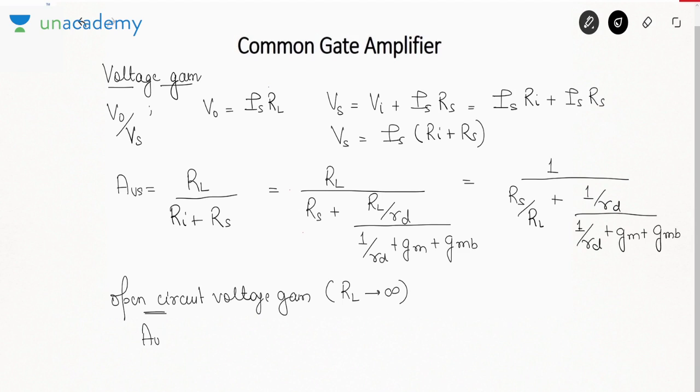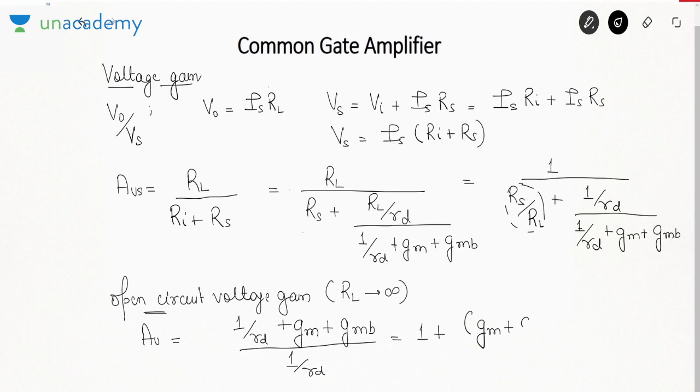Now if RL tends to infinity, the Rs by RL term will go to 0, and the denominator will now become the numerator, or you can say 1 plus (Gm plus GmB) into RD. So that will become the overall voltage gain under the condition of open circuit.